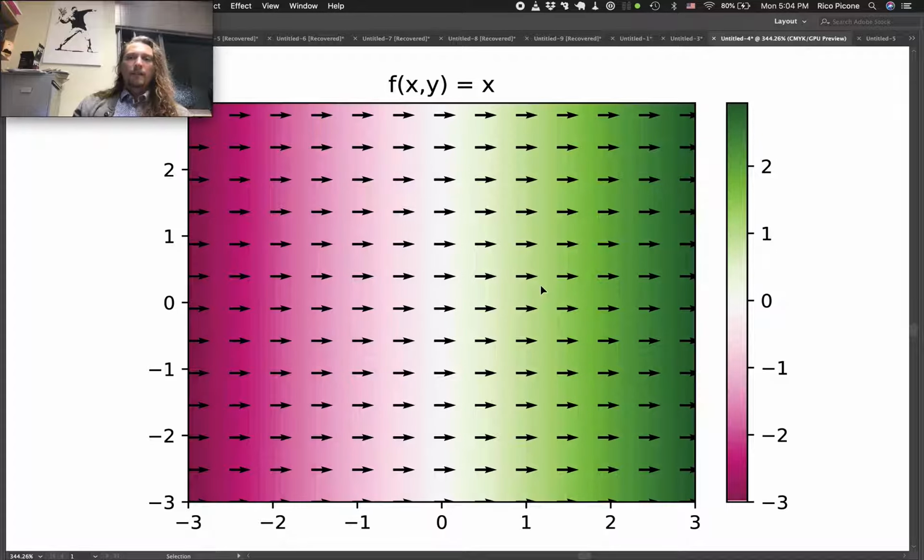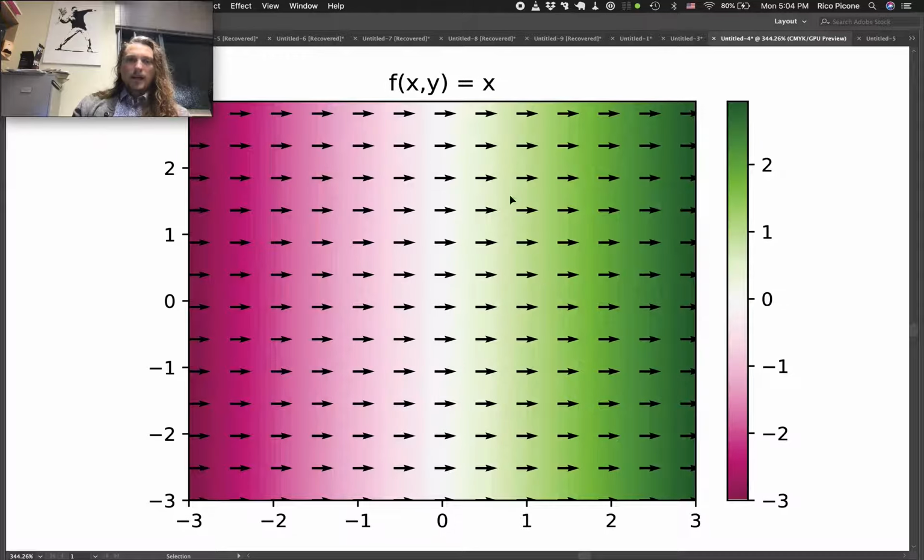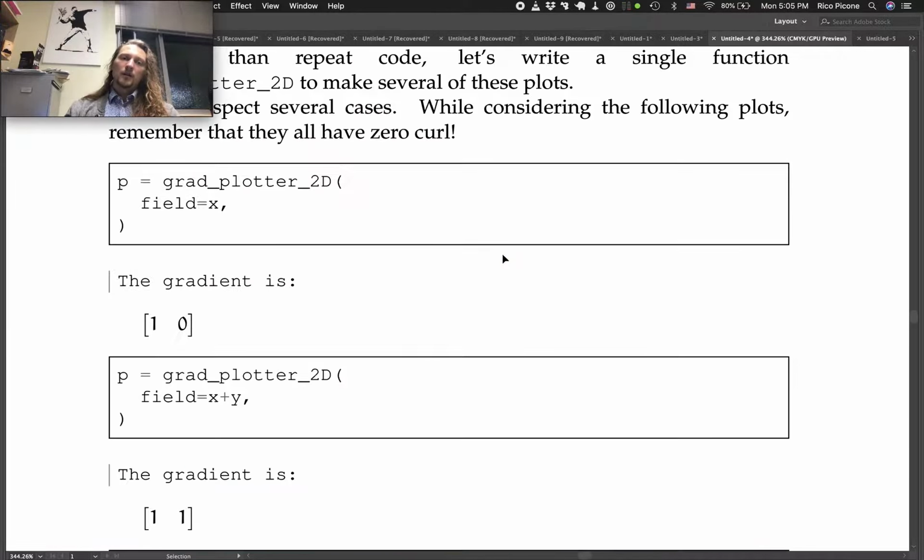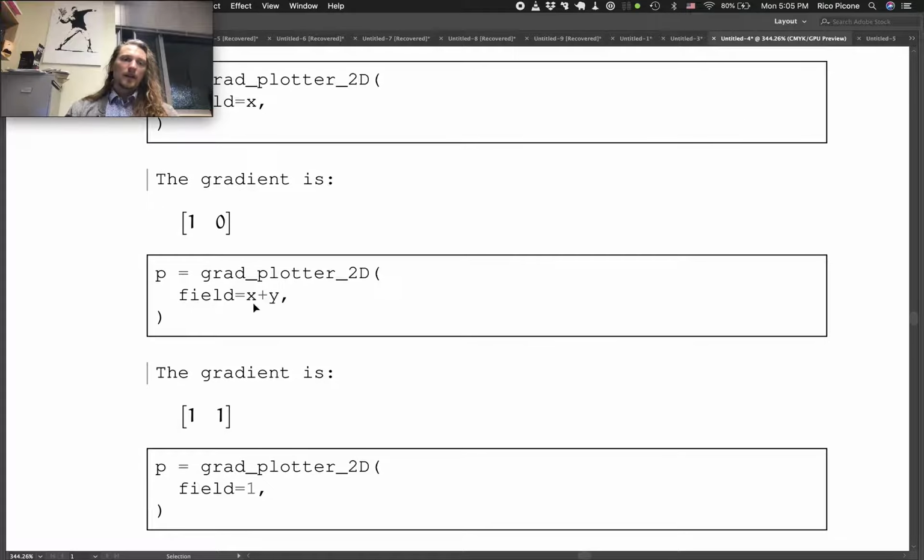So that's for this plane that's represented by f(x, y) equals x. It's a plane that increases in value as you move to positive x and decreases in value as you move to negative x.